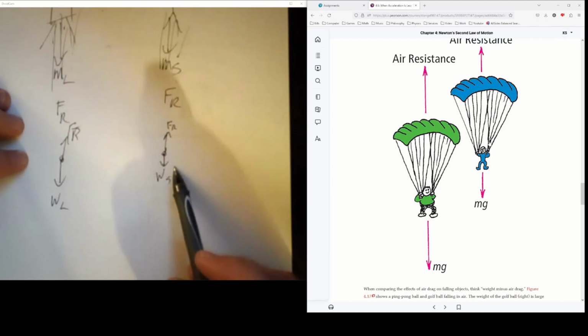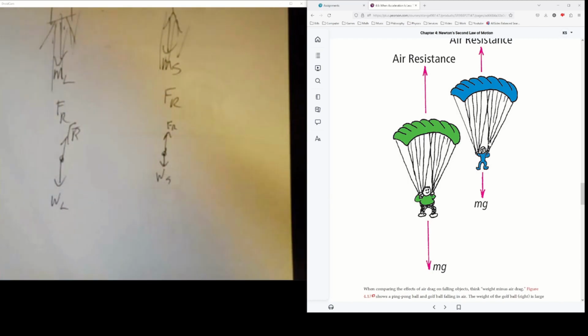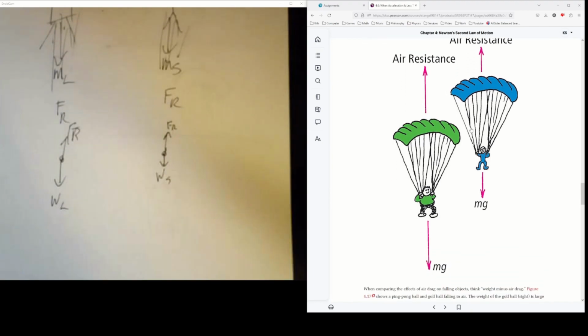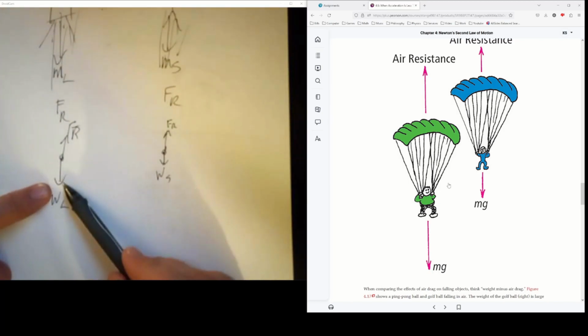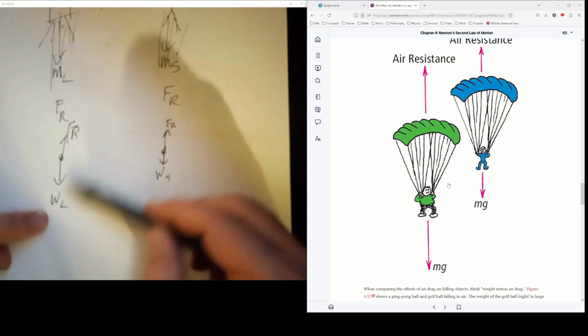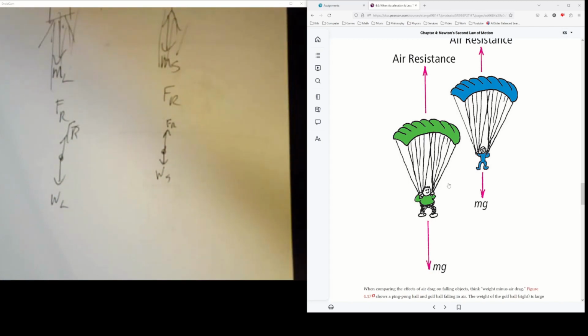And so the heavier person will fall faster, is what they're showing here. If they both experience the same air resistance, then the heavier person has more weight. And so that's pulling them down more than air resistance can pull back on.